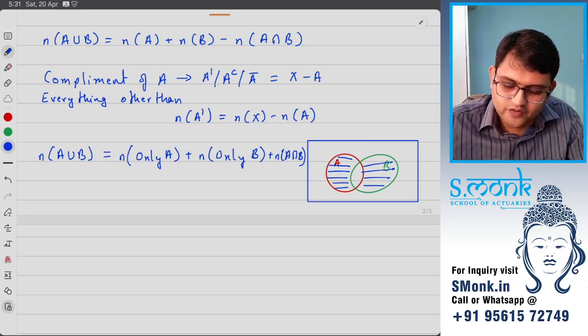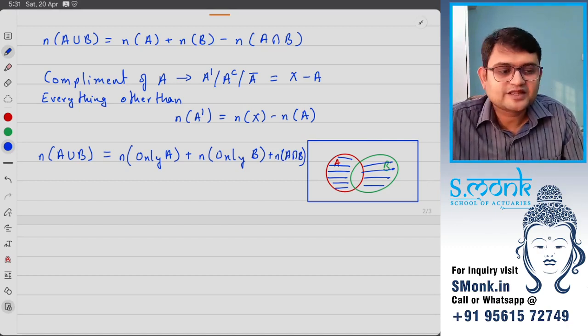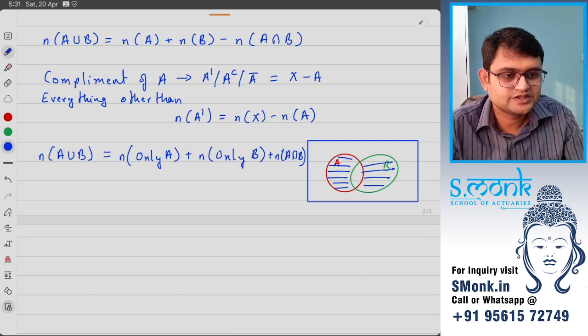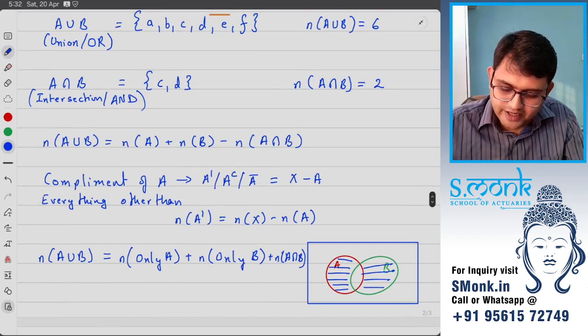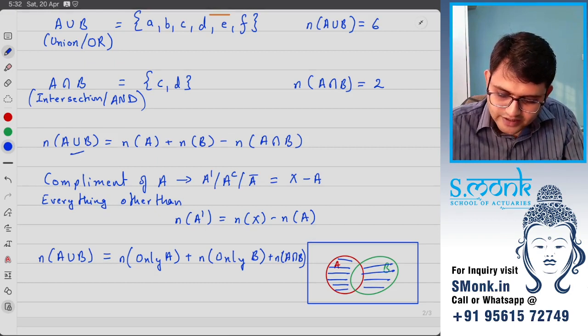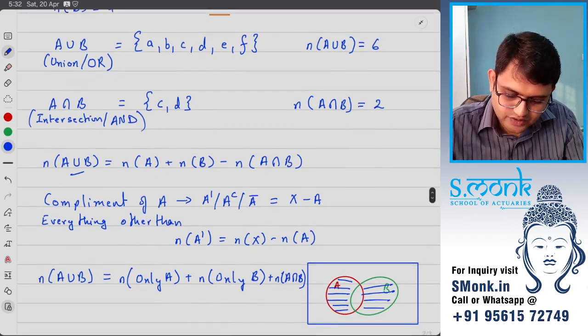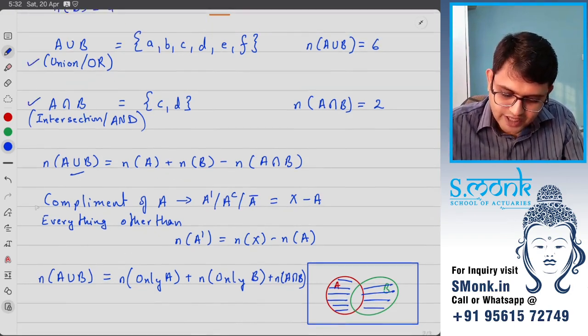So if I want to write only A in mathematical terms, in these terms that we have studied, can anybody tell me how I would write only A, the region only A, using unions, intersections and complement?